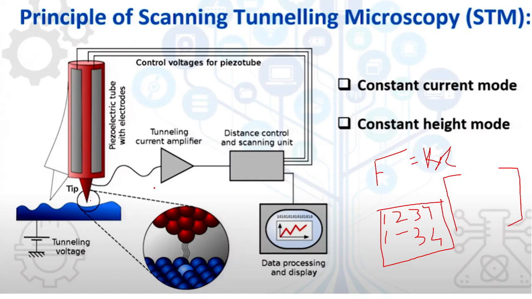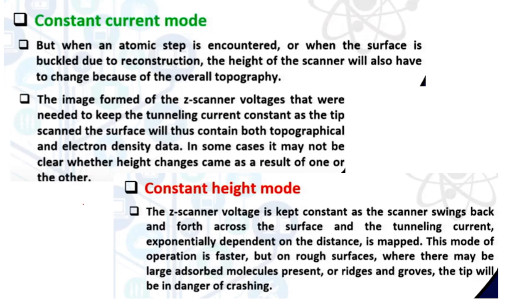If it is a constant current, the tip is not only scanning through the x or y axis; based on the height difference, it is also deflecting in the z axis. And the image is formed of the z scanner voltage that was needed to keep the tunneling current constant.